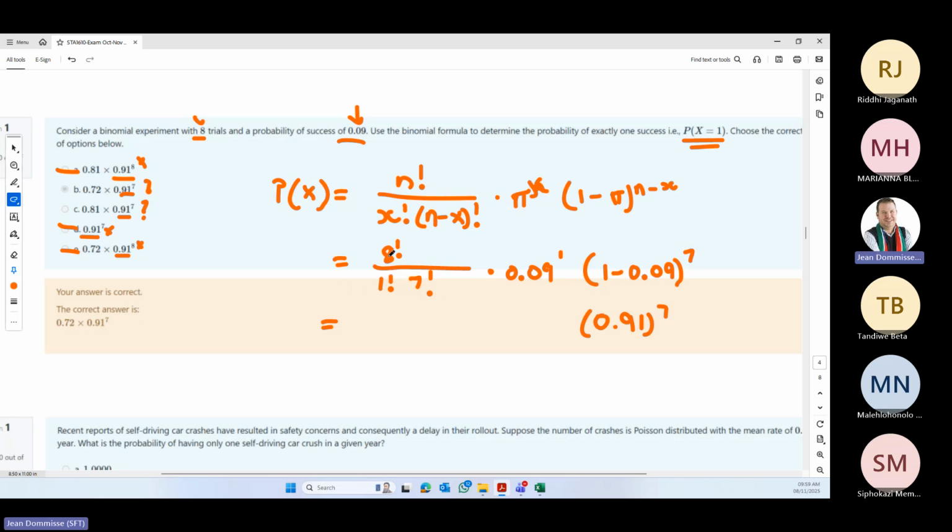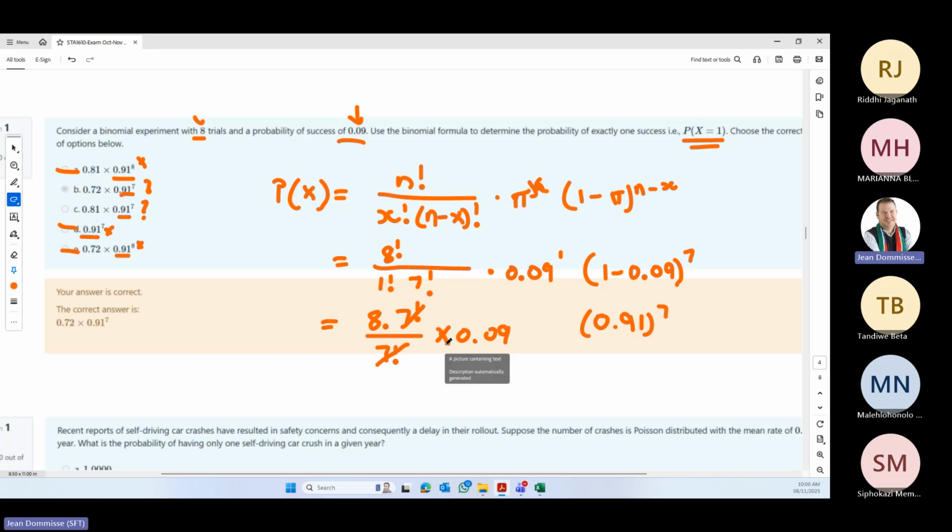I want to rewrite this a bit, so that normally is 8 times 7 times 6 times 5. So 8 times 7 factorial. And then at the bottom, we've got 7 factorial. So those two will cancel out. So we're actually sitting with 8 times 0.09.